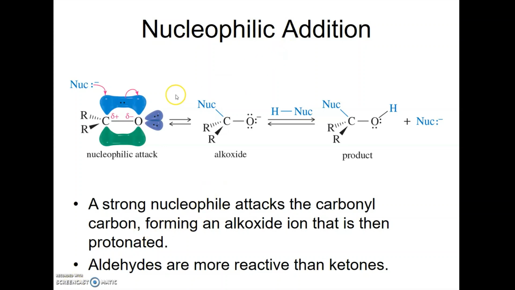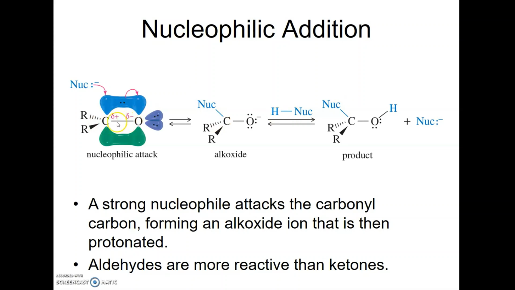As you know, carbon in a carbonyl group is electrophilic. And since it's an electrophilic carbon in the compound, any nucleophile can attack the carbon. The nucleophile could be a strong nucleophile or a weak nucleophile.